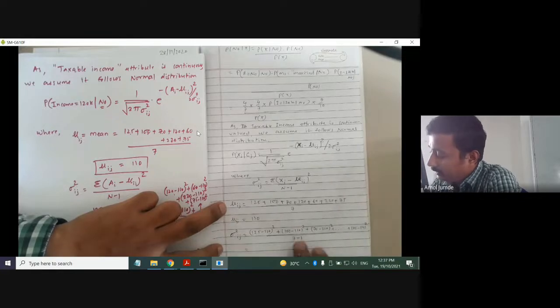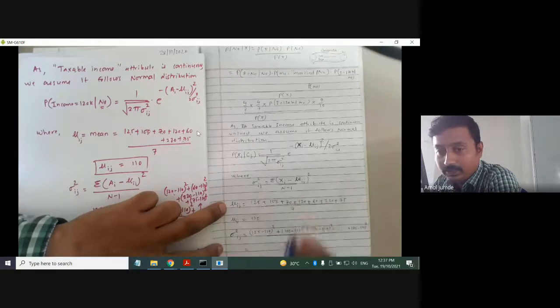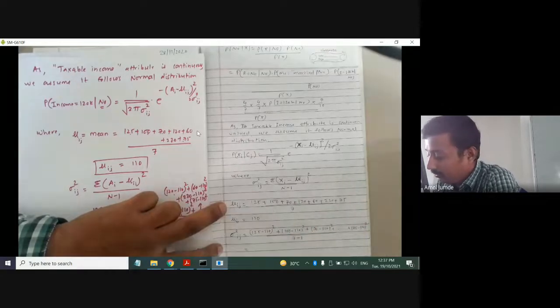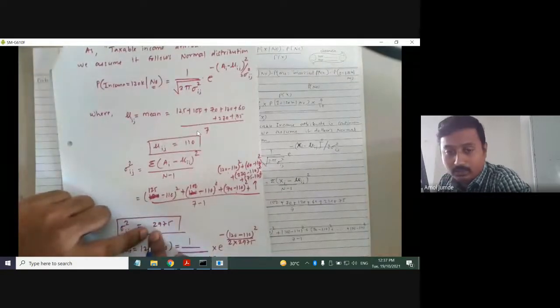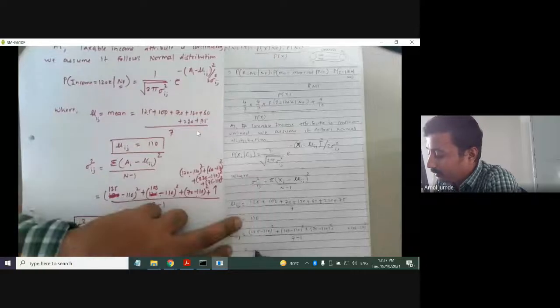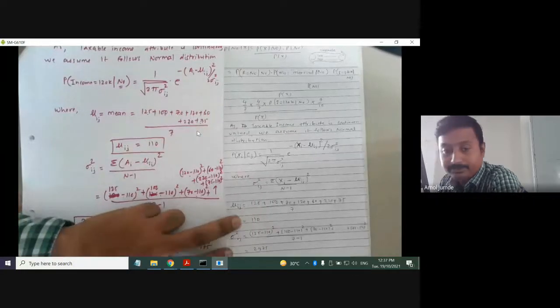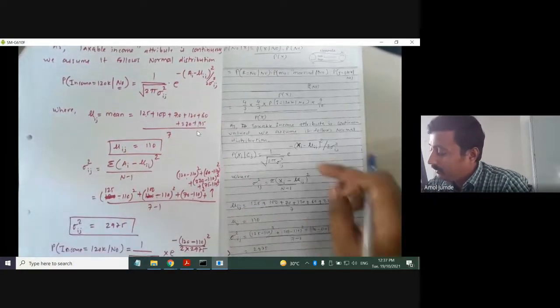I'm just putting the values here. Refer to those columns and rows; don't consider all the rows. The value that you will get is 2975. Put these values in this equation.